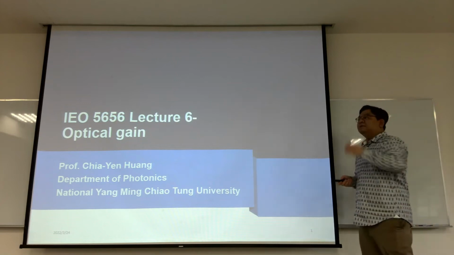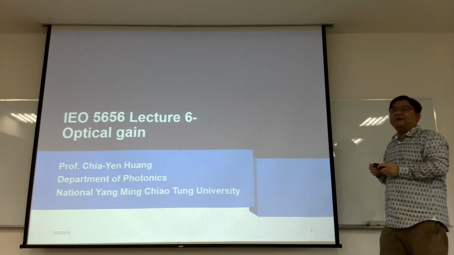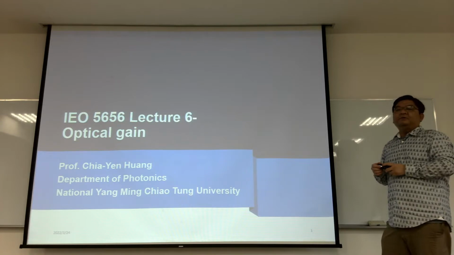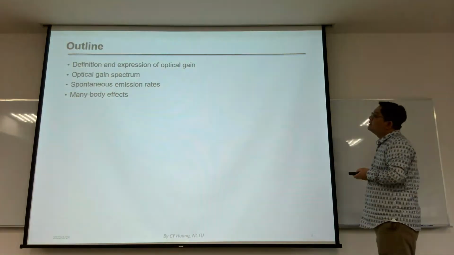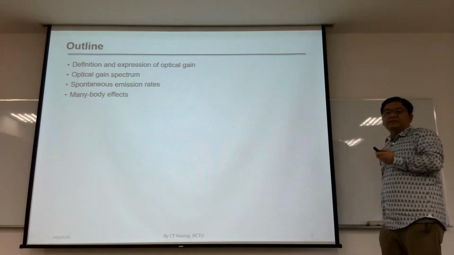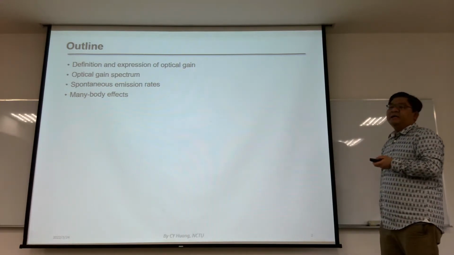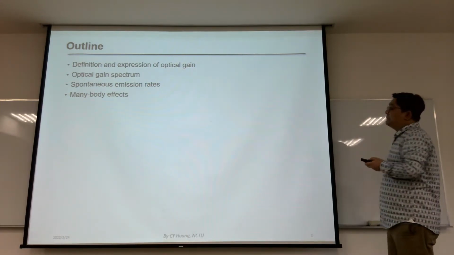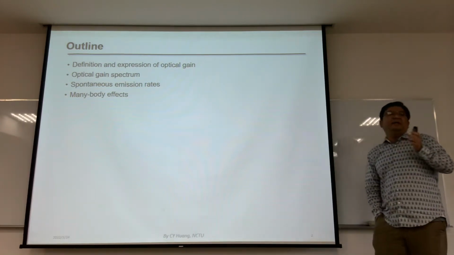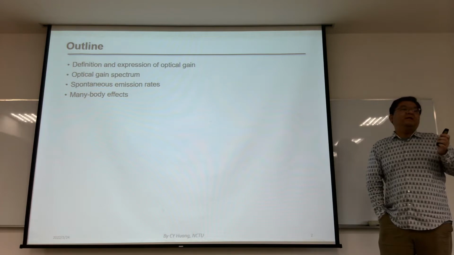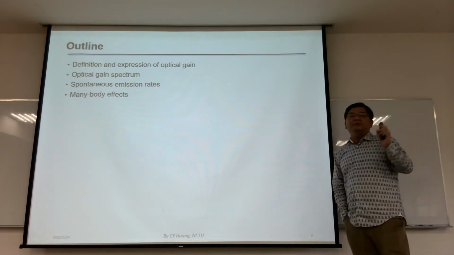Okay, so today we finally have enough background to talk about the optical gain in the semiconductor. Let's start with the definition and the expression of optical gain, and then we need to really calculate what the optical gain is in numbers. So it's no more a concept.